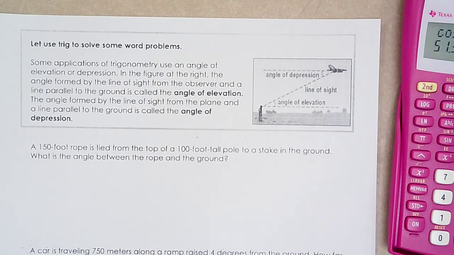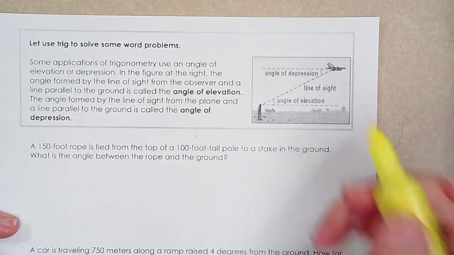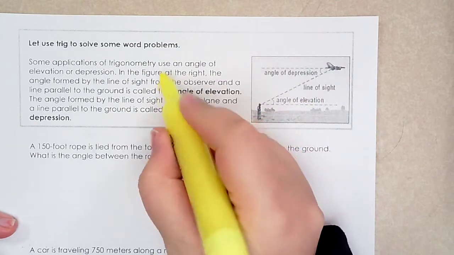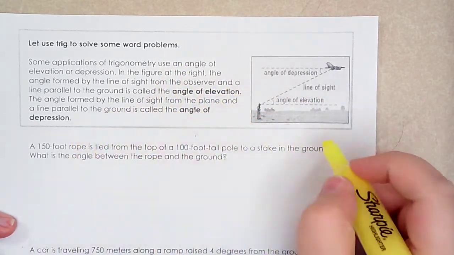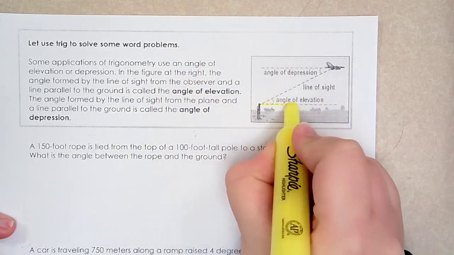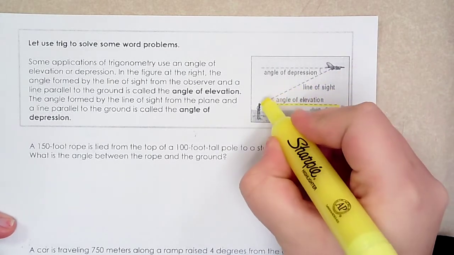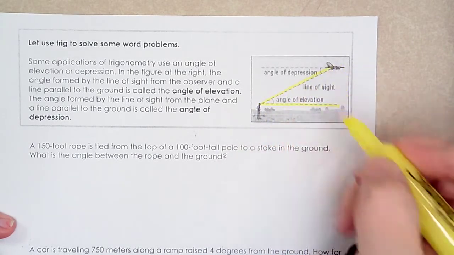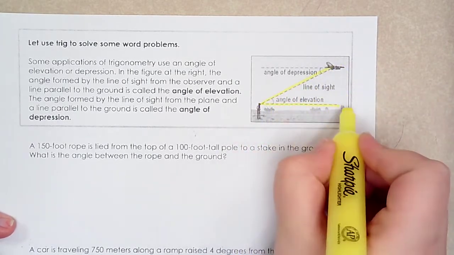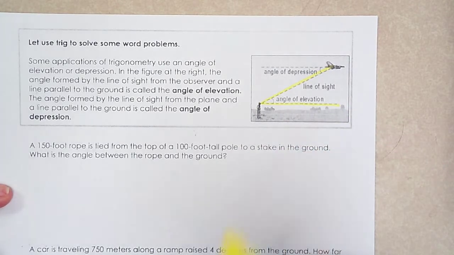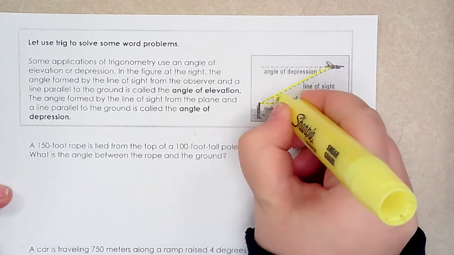So some applications of trig use an angle of elevation or depression. In the figure at right, the angle formed by the line of sight, this is really important, line of sight from the observer and a line parallel to the ground. There's your line of sight up, and there's your line parallel to the ground. This is your angle of elevation.